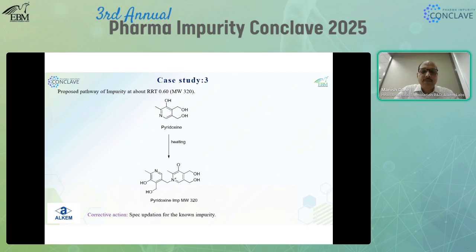So we synthesized this pyridoxine impurity, updated it in the specification, and informed the regulatory agency. The regulatory agency gave acceptance to include it in the specification, and based on their acceptance and approval, we went through the commercialization and batch analysis using this particular known impurity in the commercial batches.